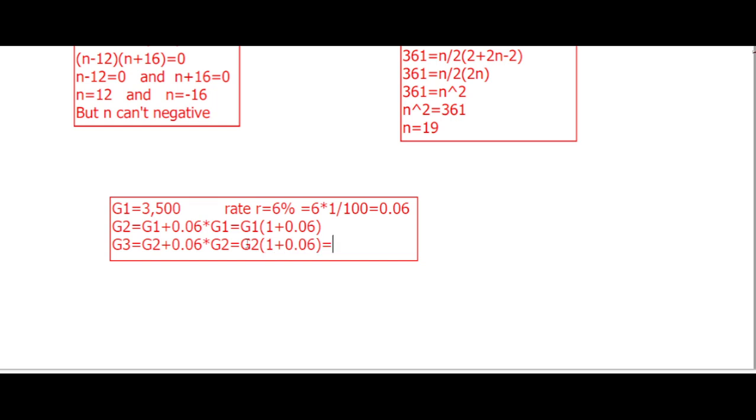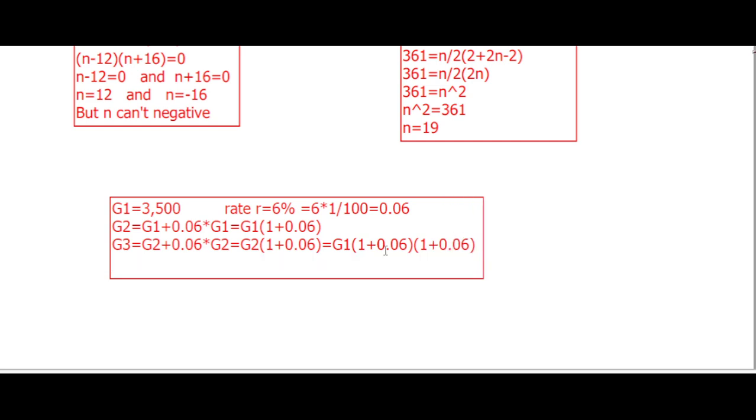Now let's substitute G2 here: G1 times 1 plus 0.06 times 1 plus 0.06.